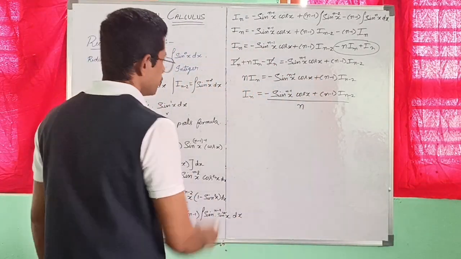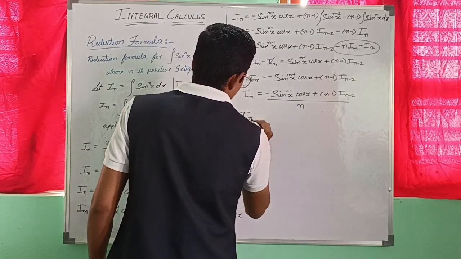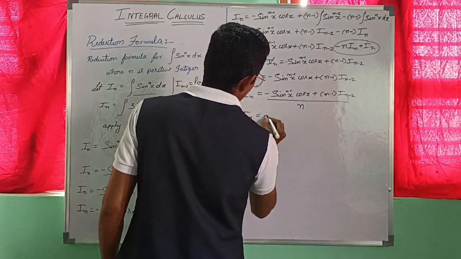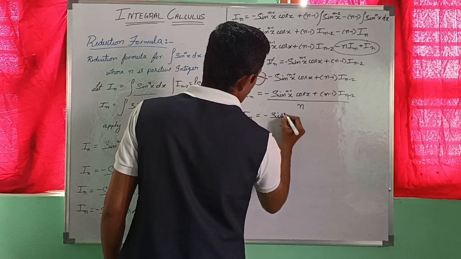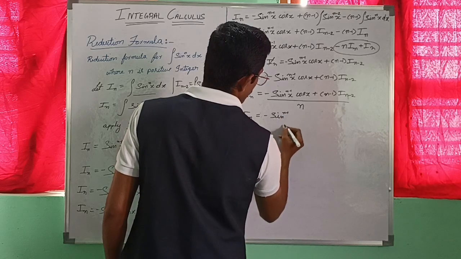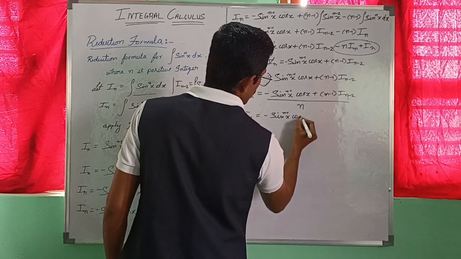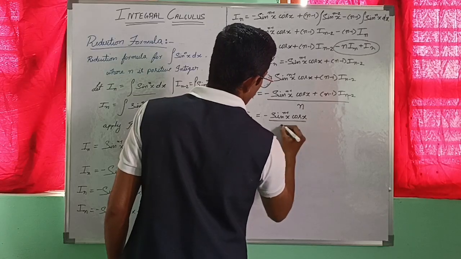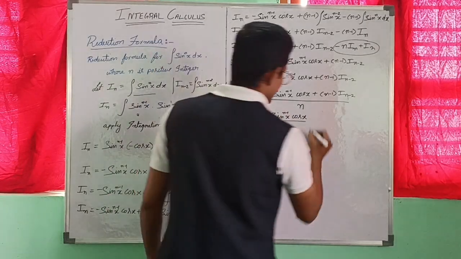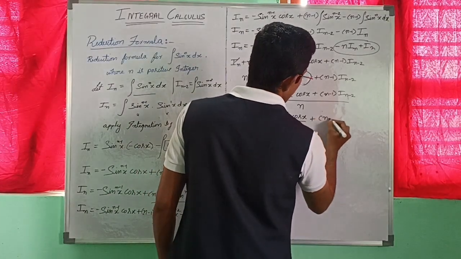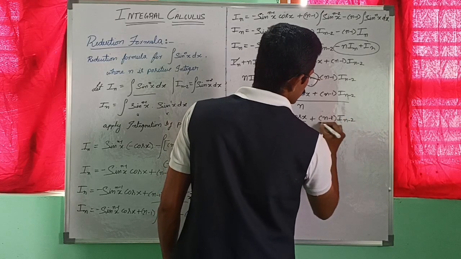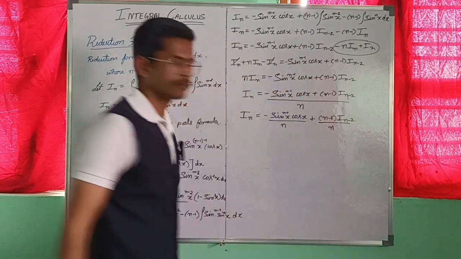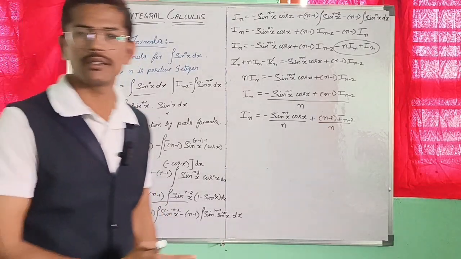Then In is equal to minus sine power n minus 1 x into cos x divided by n, plus n minus 1 into I n minus 2 divided by n. Did you understand?